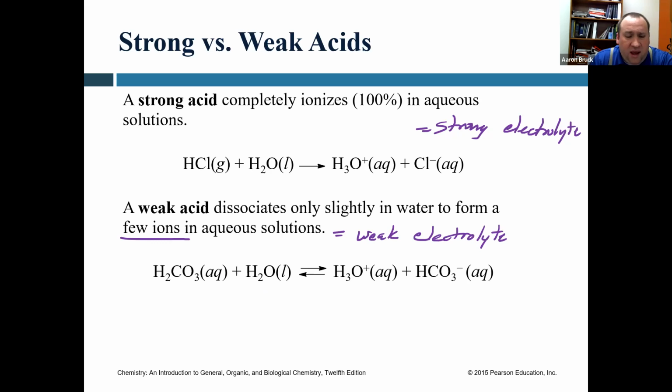In a weak electrolyte like carbonic acid here, we will get some conversion to the hydronium ion and the bicarbonate ion, but the majority stays over here on this side of the reaction.